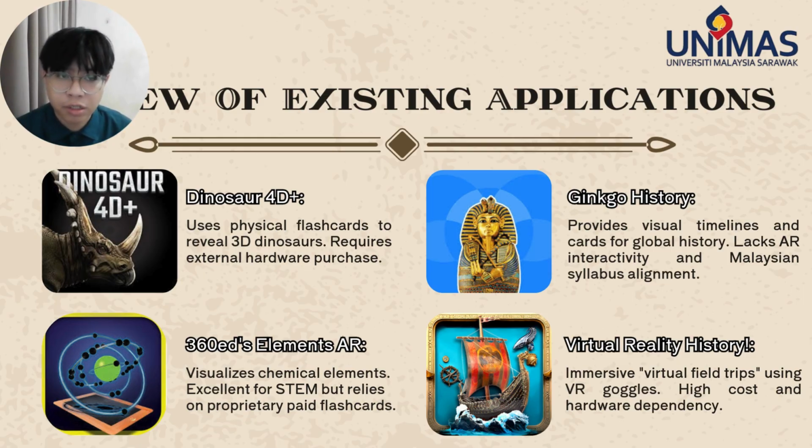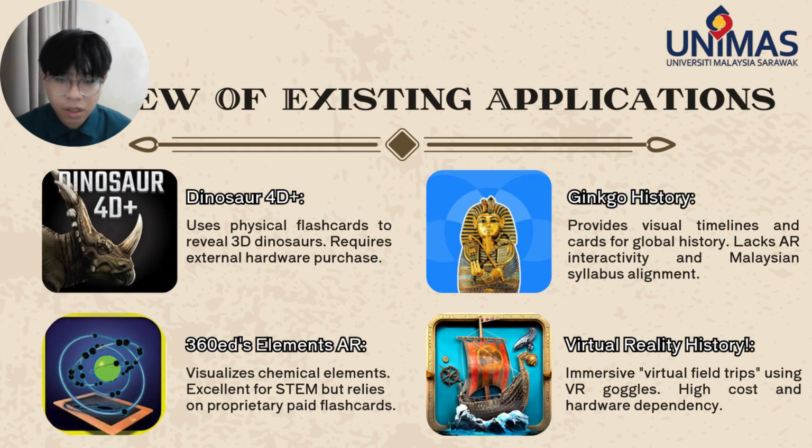And then finally, Virtual Reality History. As its name suggests, it is a virtual reality application which actually uses VR goggles, but I only use my smartphone gyroscope. So if your phone does not have a gyroscope system, then you cannot experience the visual field trips to historical environments or locations. And yes, I also obtained the free demo from its official website, which is the Abacus brand, which gives a sample of the book pages to scan.